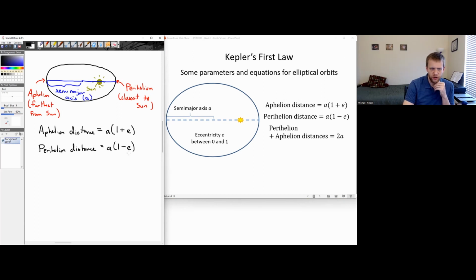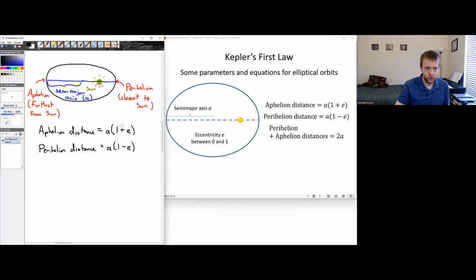A couple of things to note about this. If I have an ellipse with an eccentricity of 0, that means it's a perfect circle. So if I have a perfectly circular orbit where the sun's at the center and the planet's going around it, the planet's never getting any closer to or further from the star.